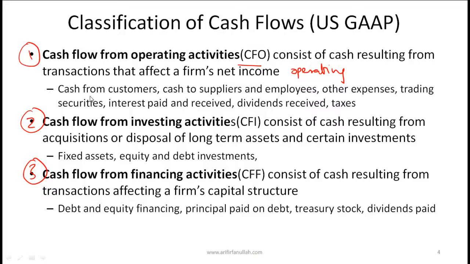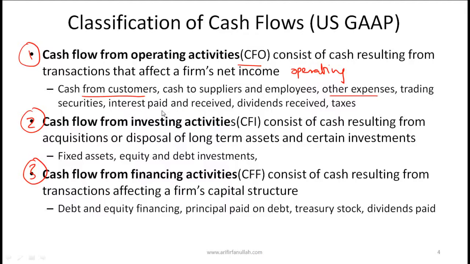So for example, cash received from customers will be a cash inflow related to CFO. Cash paid to suppliers and employees is a cash outflow in this CFO category. Any money spent on various operating expenses. Trading securities, so if you buy securities that are classified as trading, so short-term stocks that you might buy, any interest that you pay and receive.